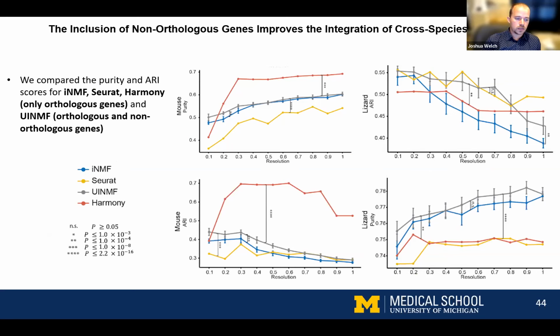And we found that UINMF was the best in terms of the overall retention of both the mouse and the lizard cell types. Harmony was an outlier here because it seemed to basically just retain only the mouse cell types at the expense of the distinctions among the lizard types. And that's likely because the mouse data set was larger of the two in terms of the number of cells.